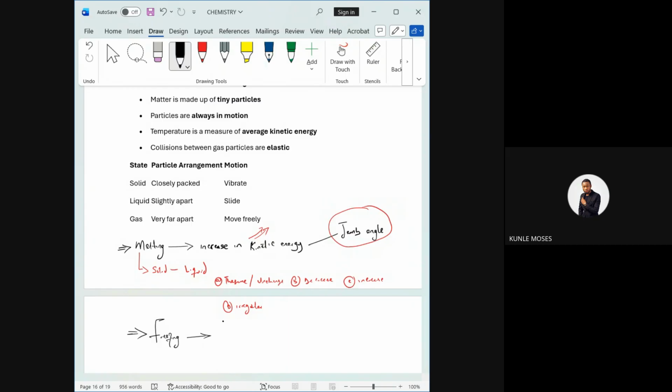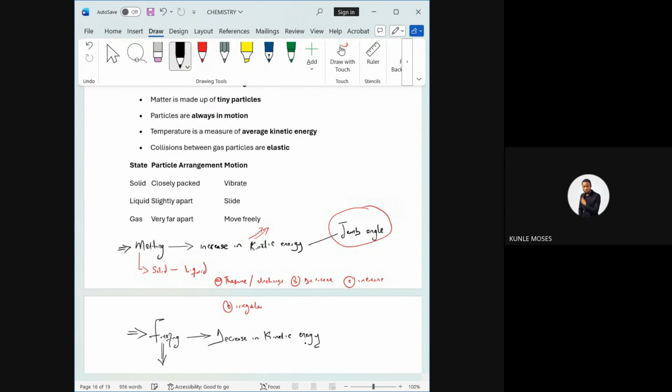Okay, so for freezing, instead of an increase in kinetic energy, there is a decrease in kinetic energy. Decrease in kinetic energy. So you know what freezing is.